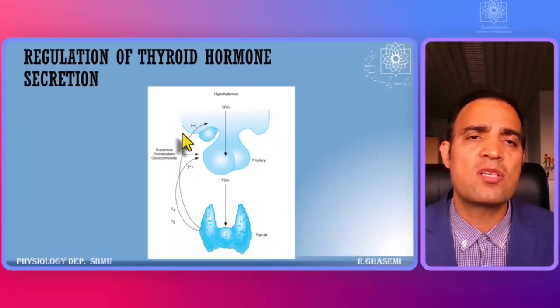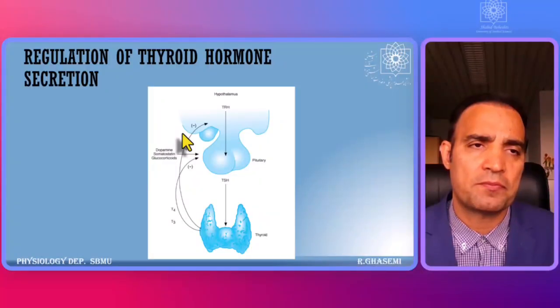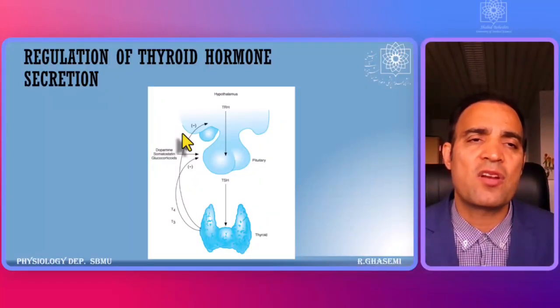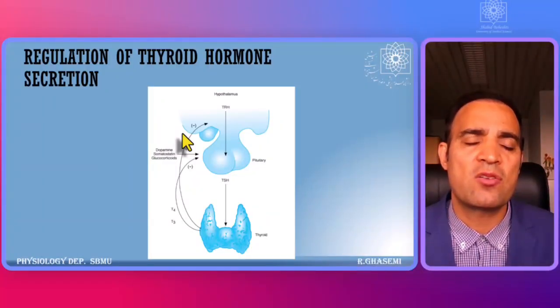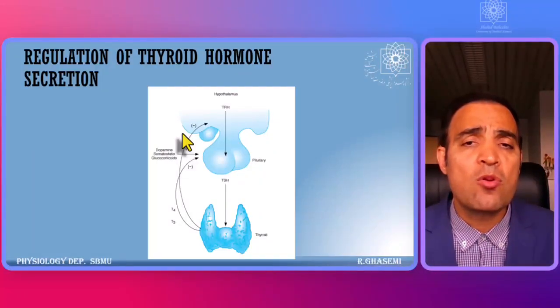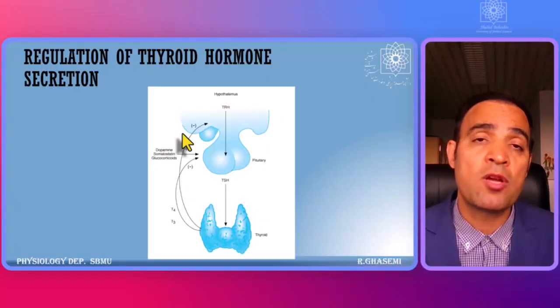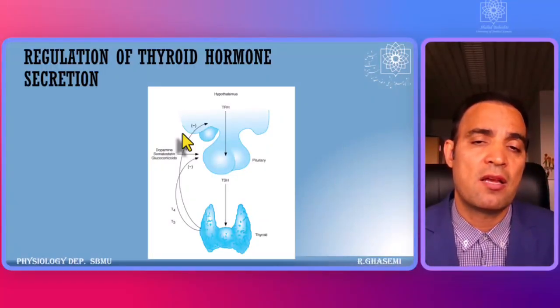And now the question is how the thyroid hormone is being regulated, how the secretion of thyroid hormone takes place. Thyroid hormone secretion is under the control of the hypothalamus-pituitary gland axis.